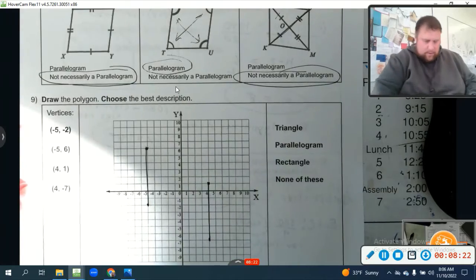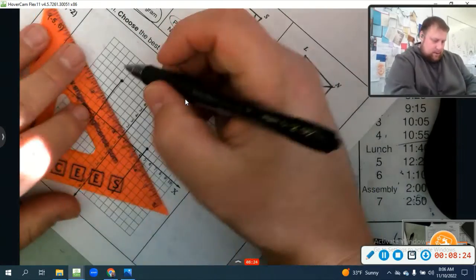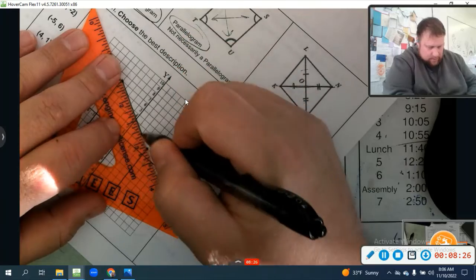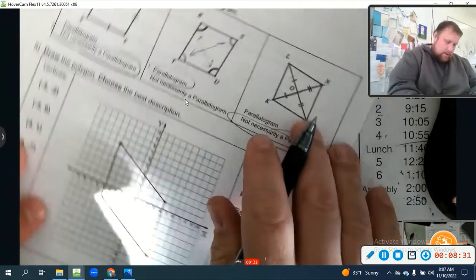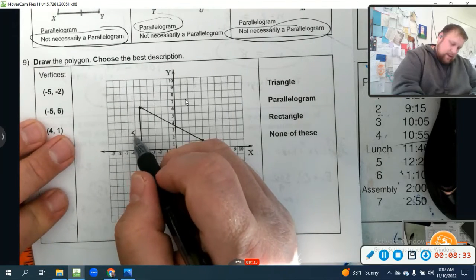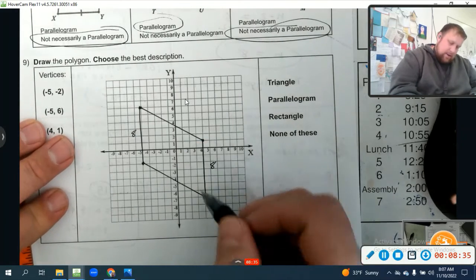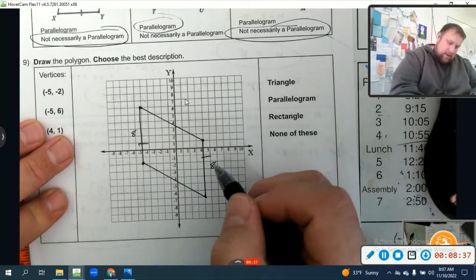Use a straight edge. Turns out this length is 8 and this length is 8. Guess what? If they're equal, they're congruent, then this is a parallelogram.